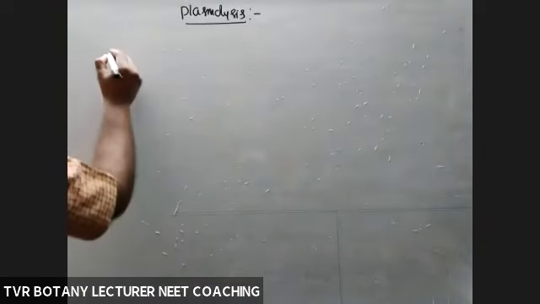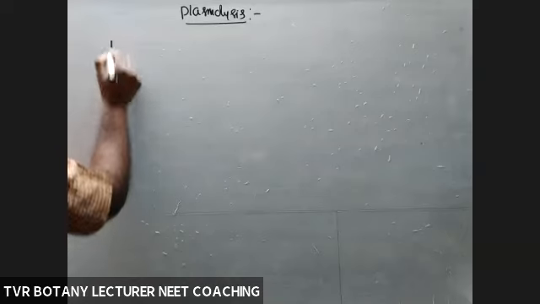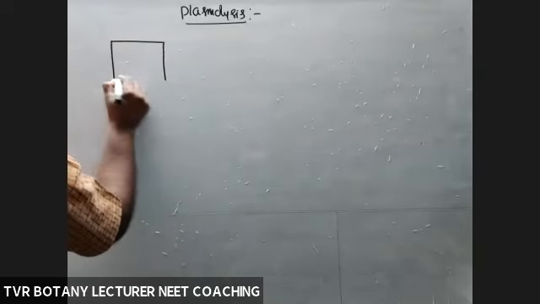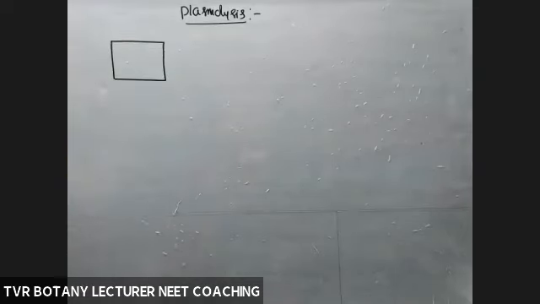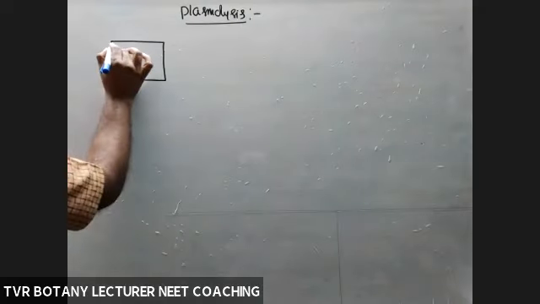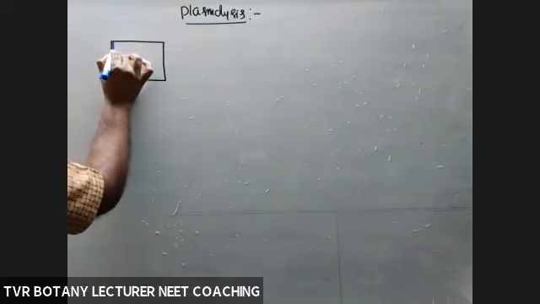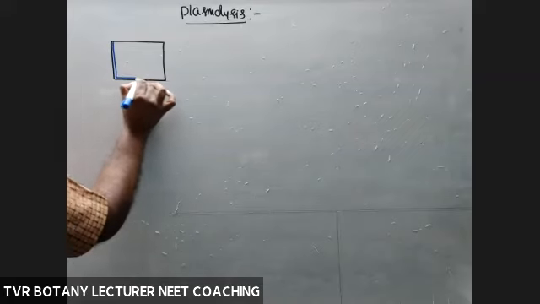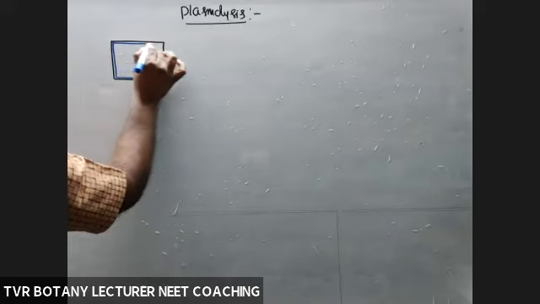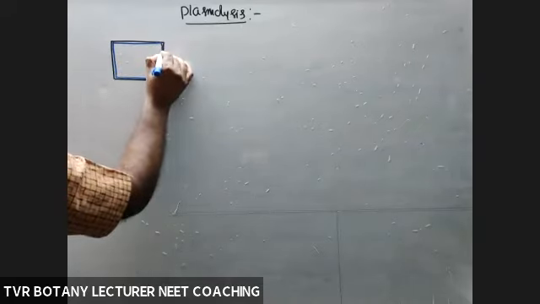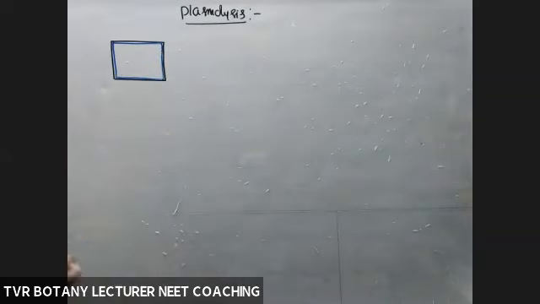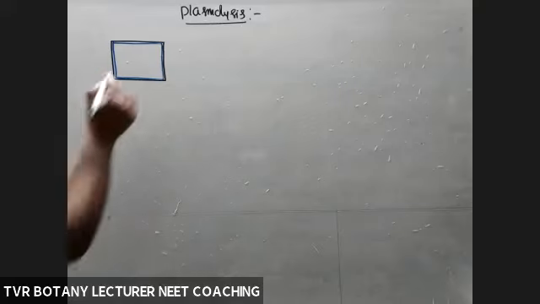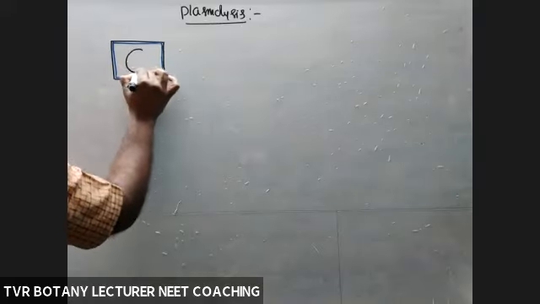So for example, this is a cell dropped into a beaker with a hypertonic solution. In this cell, what are the boundaries? Cell wall and plasma membrane. Already I told you, to understand various vital activities in physiology, knowledge in cell structure, basic knowledge in anatomy is mandatory. So this is a vacuole.